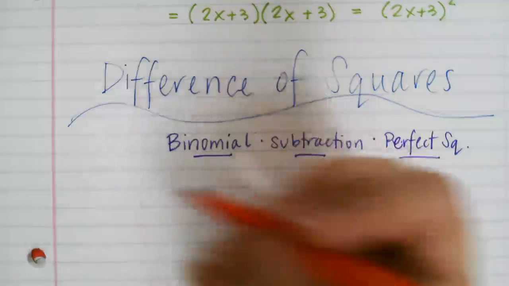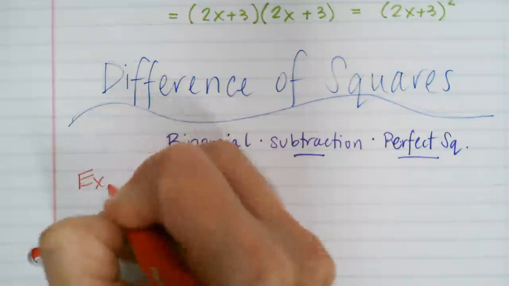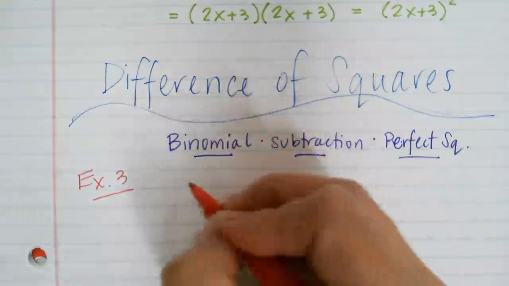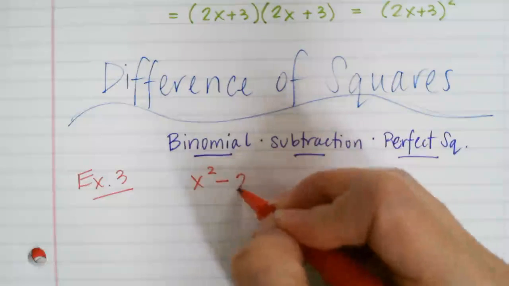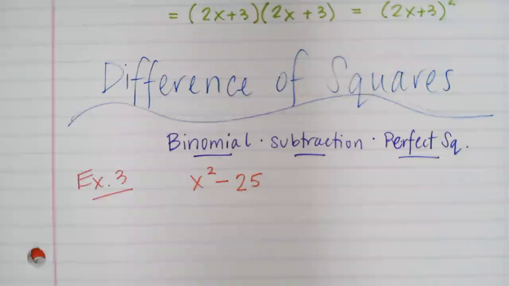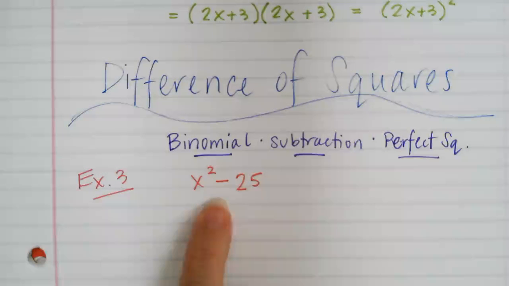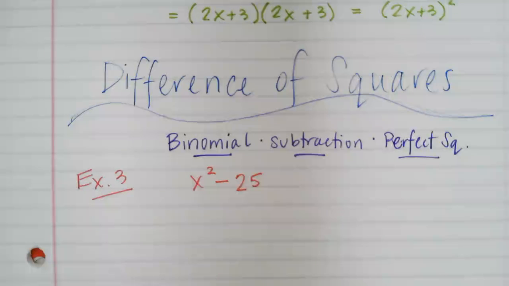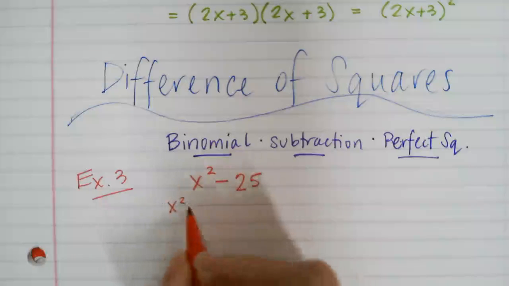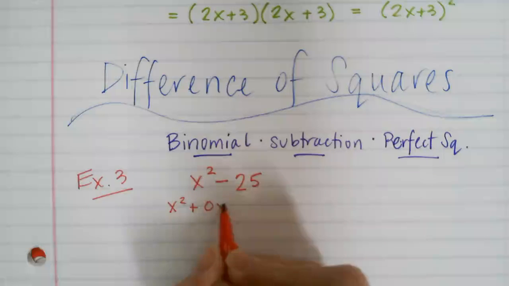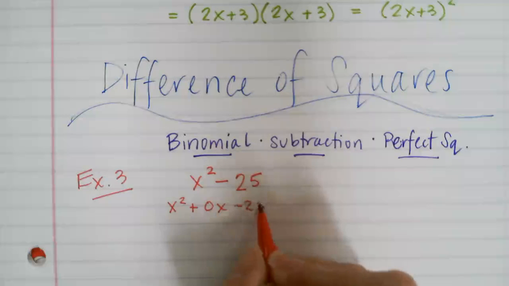So for example 3, let's say we had x squared minus 25. All right, now this is a binomial, and it could be a trinomial if we wrote it as x squared plus 0x minus 25.